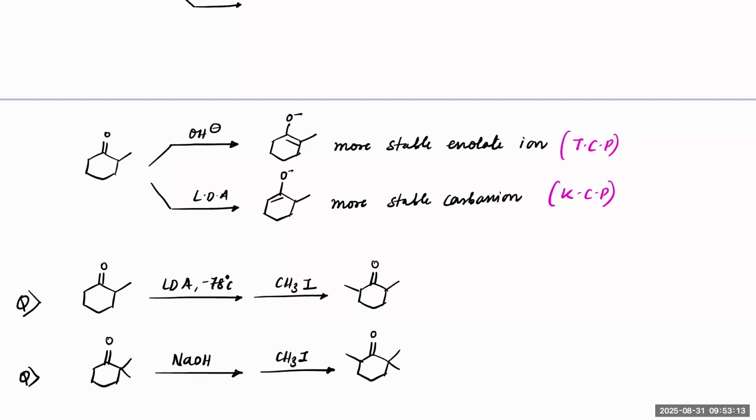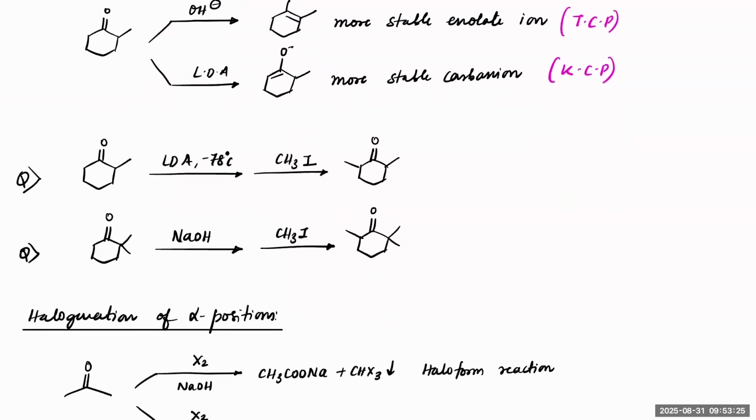So that's why if I have any bulky groups like LDA or tert-butoxide, all of these will try to extract hydrogen from the less bulky position, which will provide the more stable carbanion. And that's why in this reaction, LDA will take H plus from here, gets a negative charge, and that C minus is the one which will attack CH3I.